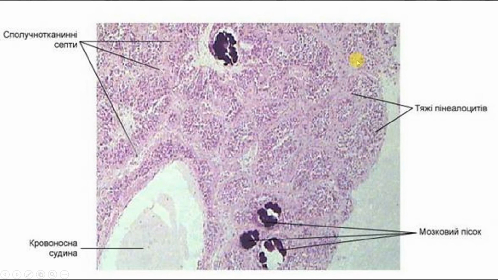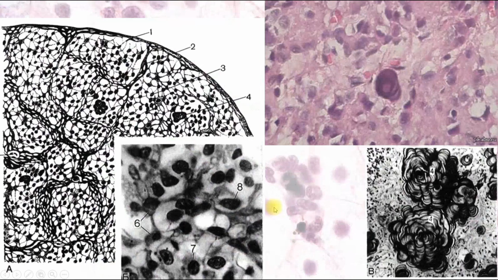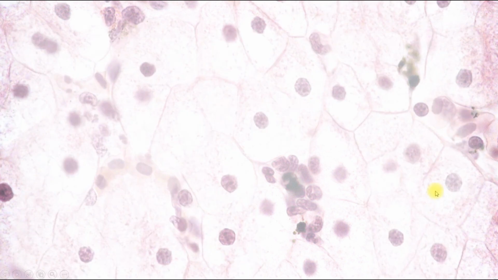During aging, cells produce different substances, and sometimes there are accumulations of different crystals inside the epiphysis. They are known as brain sand. It's a normal condition which may occur during aging.